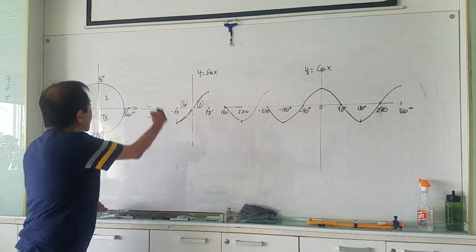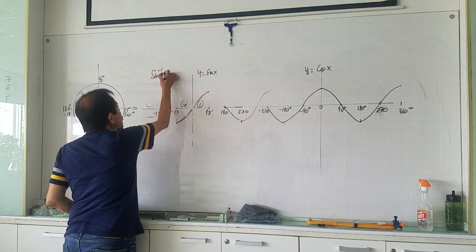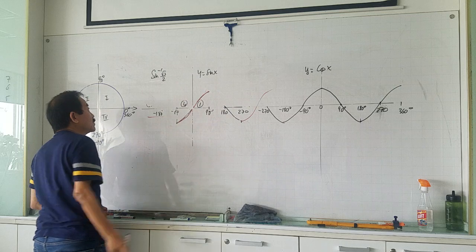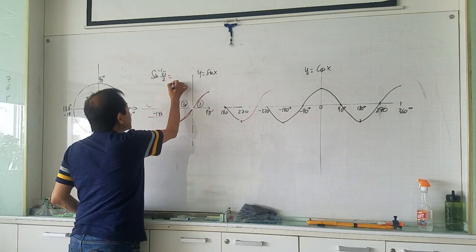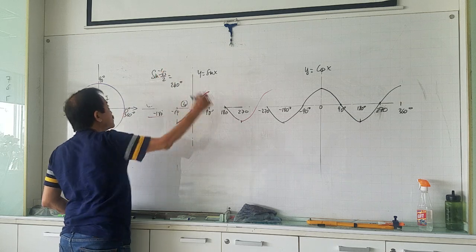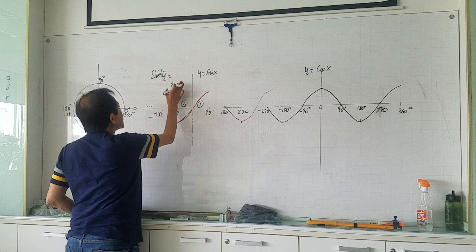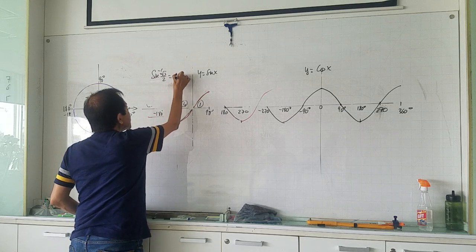For example, I ask you to find sine inverse of root 3 over 2. There are two candidate answers. Let's say root 3 over 2, that's fine. One answer is 60 degrees.